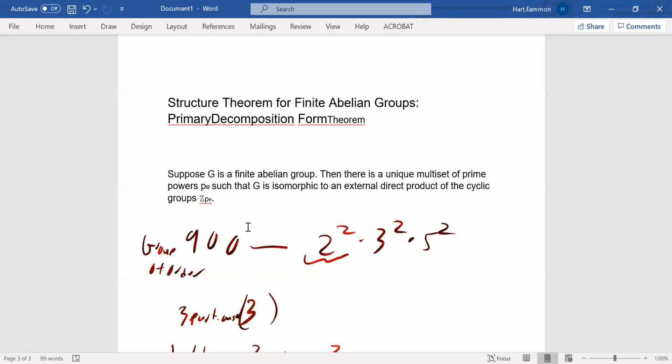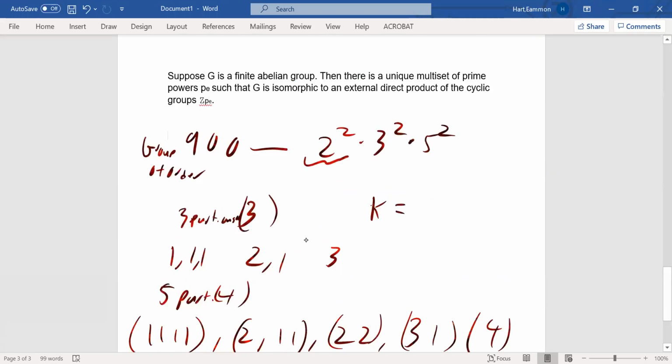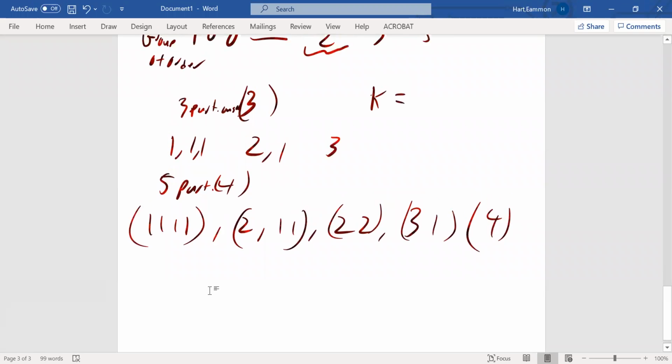That one. Okay, so basically, if I have, let's say, I'm trying to decide what level of generality I want to show this in.